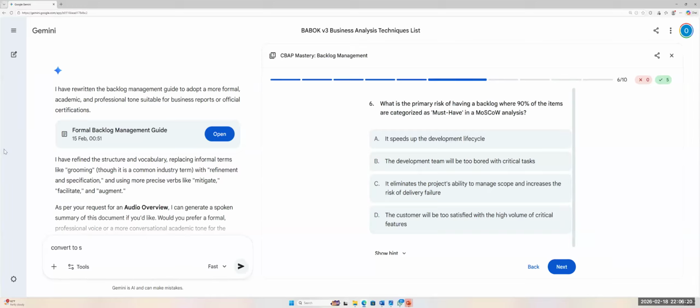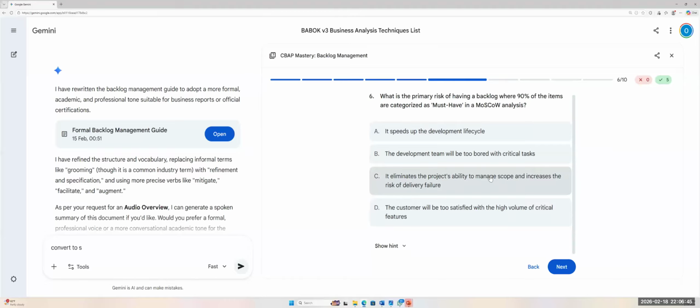And then it says C, it eliminates the project's ability to manage scope and increases the risk of delivery failure. Nobody has thought about this B. The only thing about B, the development team will be too bored with critical tasks because 90% of the work they are being given is everything is P1 must have.